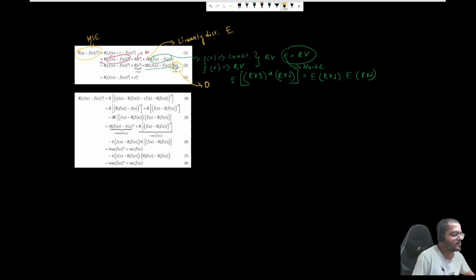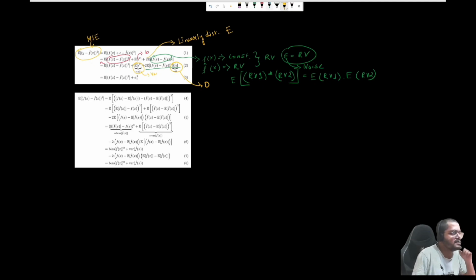I have already told, because my random noise is zero-centered. And this term, the expectation of this, is just the variance of my random noise, correct? I believe it's clear. So this whole cross term will become 0 because E of epsilon is 0.